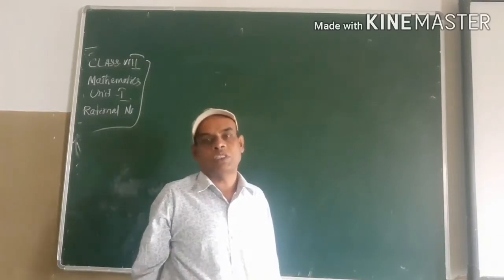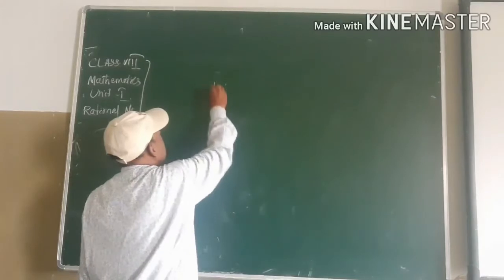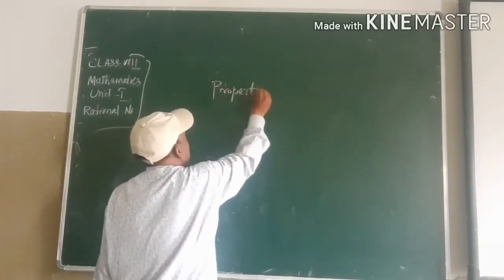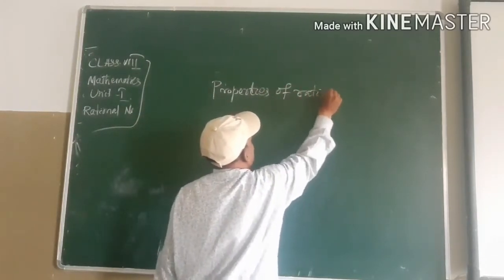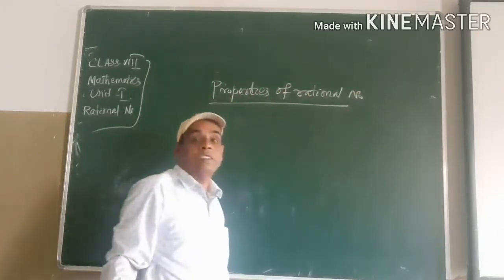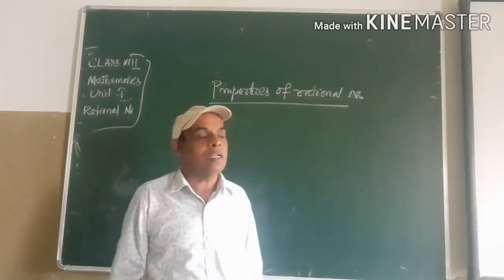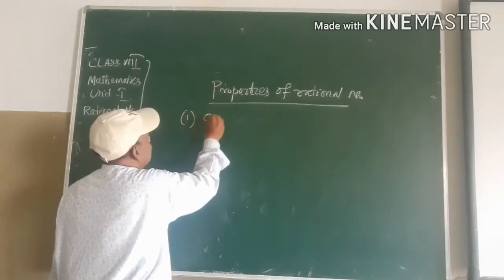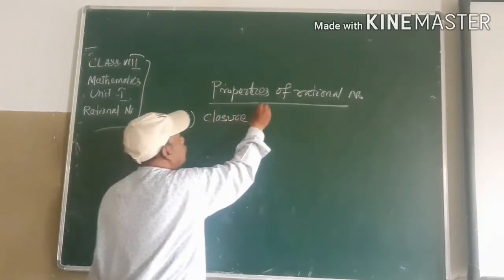Now we are going to discuss the properties of rational numbers. What properties a rational number generally follows, that we will know. The first property is called the closure property.